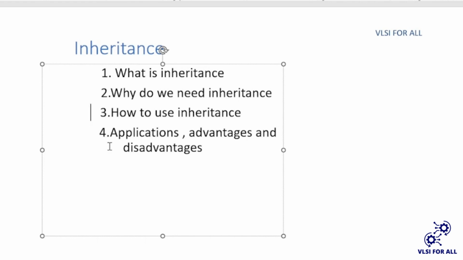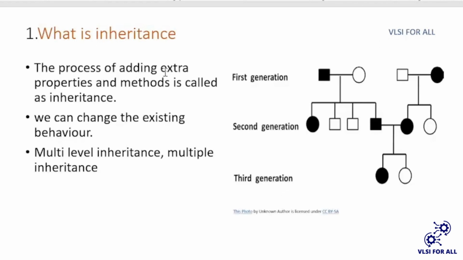After that, they add almonds to the existing chocolate, they add groundnuts, and they add dry fruits. That means they are not changing the complete product. The existing product will be there, and they are adding extra things. So inheritance is nothing but the process of adding extra properties and methods.